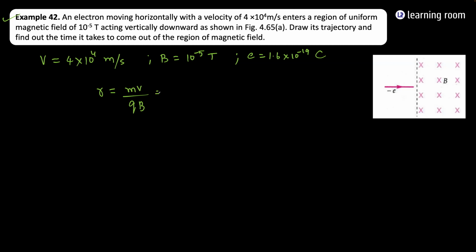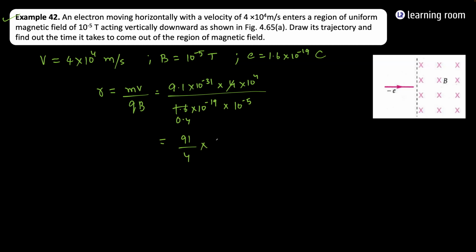So what is m? 9.1 into 10 power minus 31 into what is the velocity? 4 into 10 power 4 divided by what is the value of q? It is 1.6 into 10 power minus 19 into what is the value of B? It is 10 power minus 5. Right. So 4 will cancel 0.4 times. 91 divided by 4 into 10 power minus 27 into 10 power minus 24.